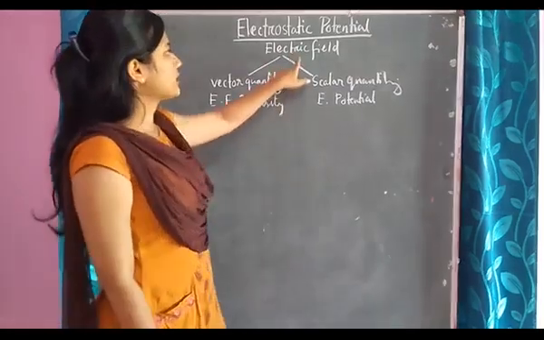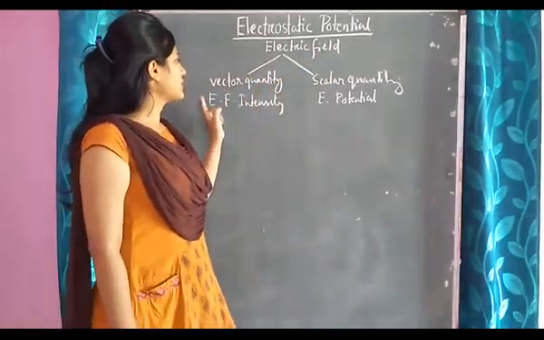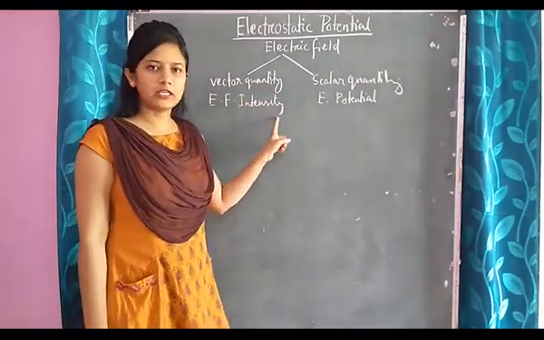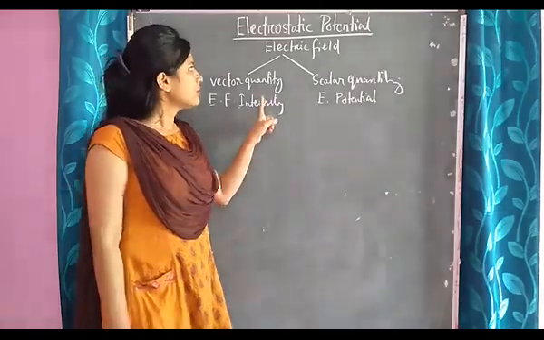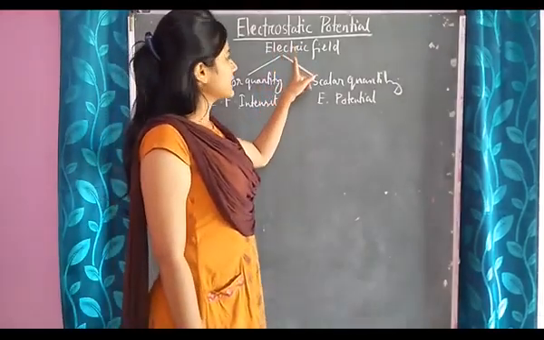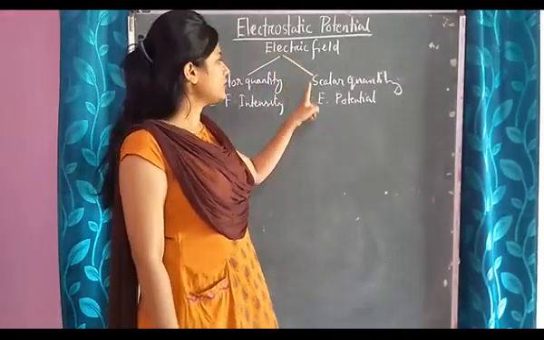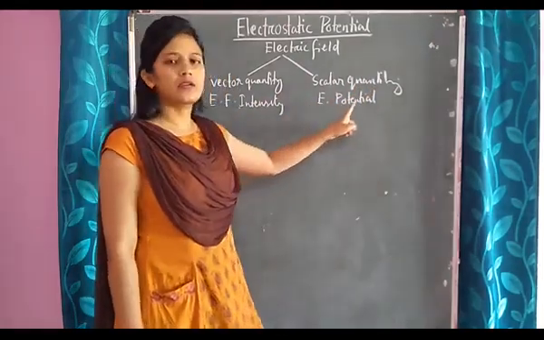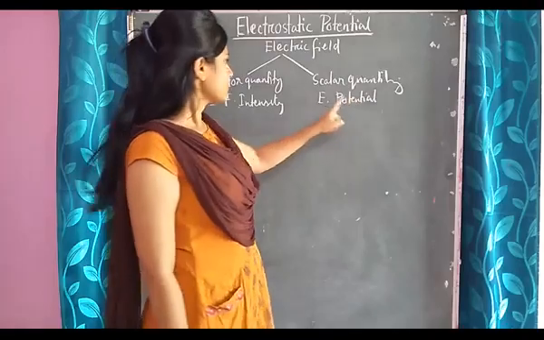The electric field can be described by a vector quantity, that is the electric field intensity. Then we can also describe the electric field in terms of a scalar quantity, that is electric potential.